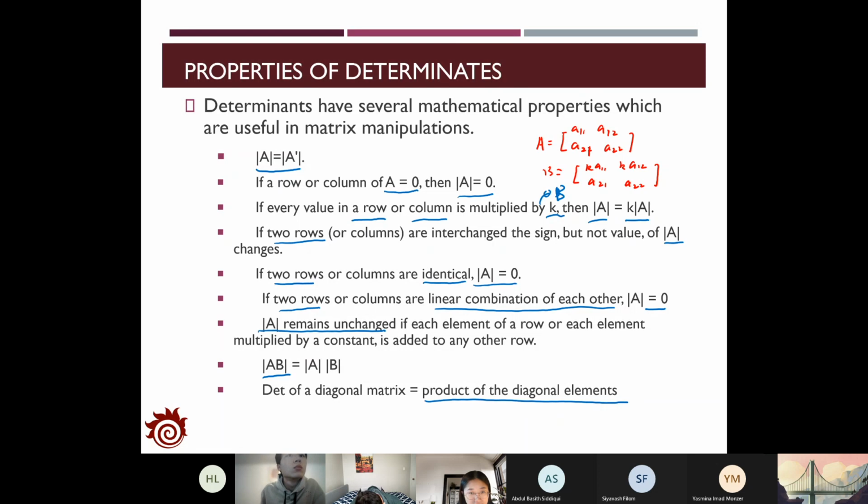So this is the assumption of this feature, and in that sense, the determinant of B will just be K times the determinant of A. Yeah, now I see it. Okay, perfect. Thank you. So that's how this feature is described. Yes, that makes sense.